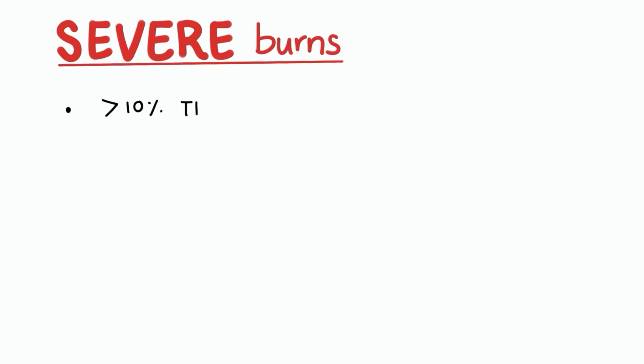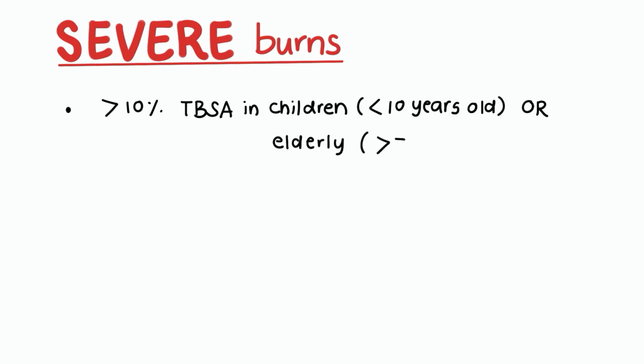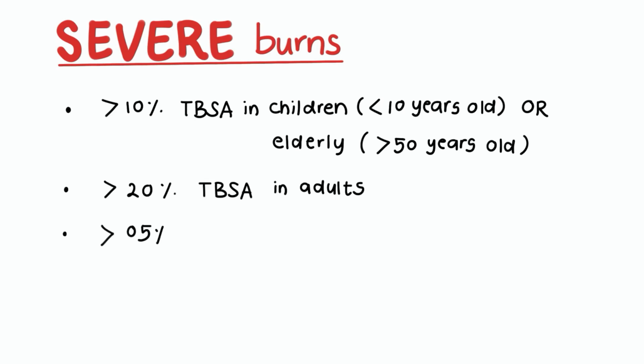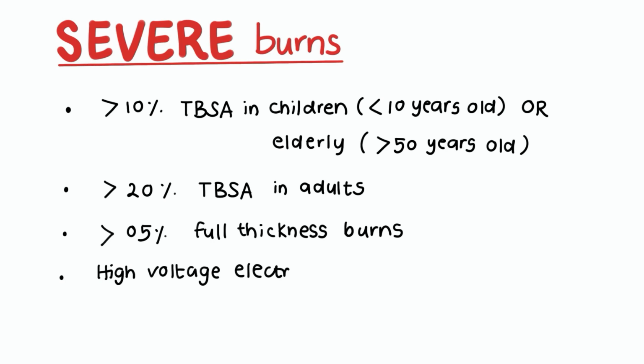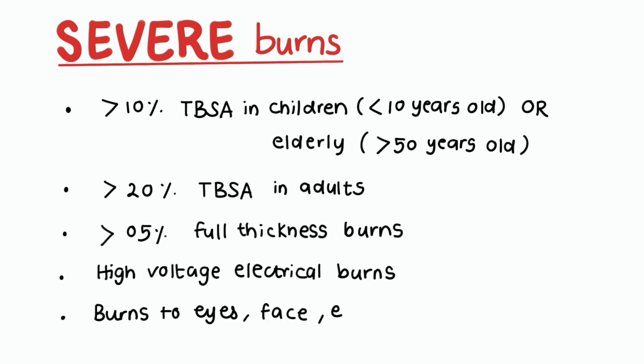Patients are classified as having severe burns if they have any of the following: more than 10% involvement in the total body surface area in children less than 10 years old or elderly more than 50 years old, more than 20% involvement of total body surface area in adults, more than 5% involvement full thickness burns, high voltage electrical burns, and significant burns to the face, eyes, ears, joints, or genitalia.